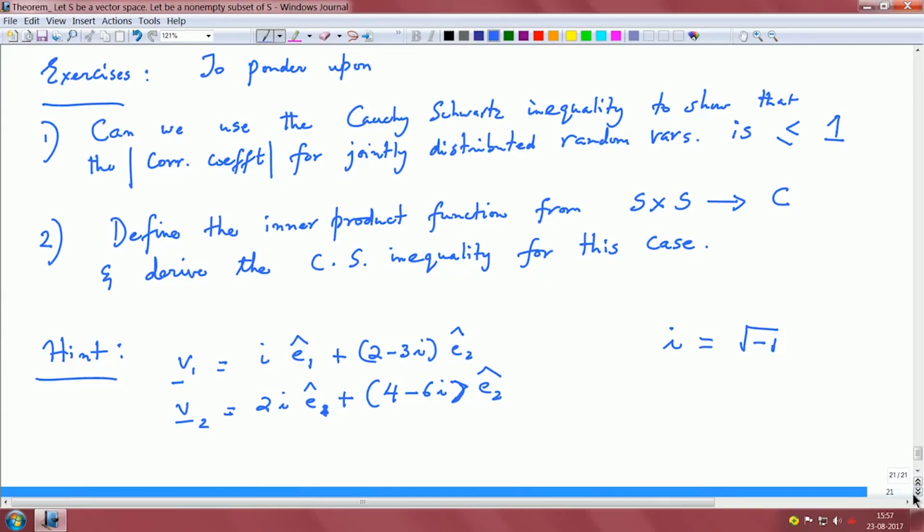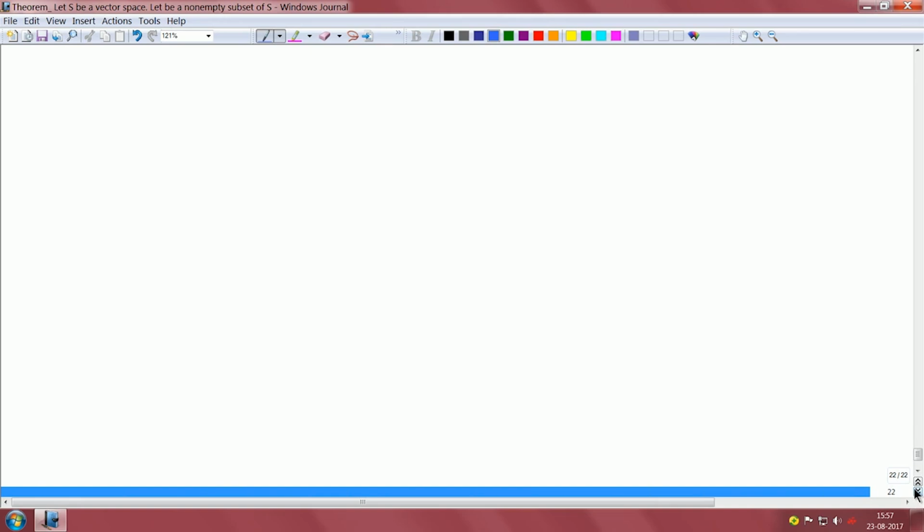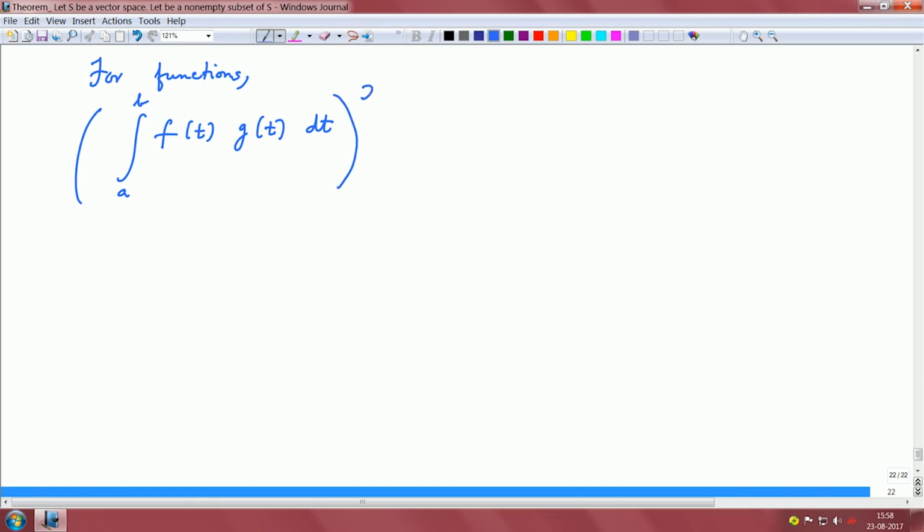Now this notion of inner products can be extended to functions, right, and I would like to state this result for functions. Suppose I give you functions f of t and g of t defined over the interval a to b, right. This is the notion of the inner product of these two functions, and you extend the Cauchy Schwartz inequality to functions.